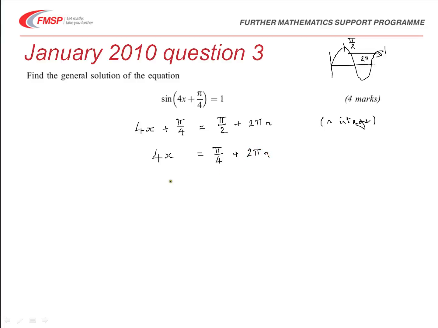And then we've got to divide through by 4, which gives us pi over 16, and then the 2 pi n divided by 4 will give us pi n, or n pi, doesn't matter which way around you write it, divided by 2. Or you could write that as a half pi n.